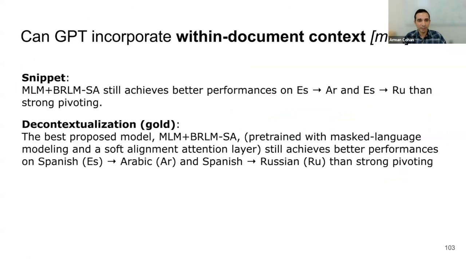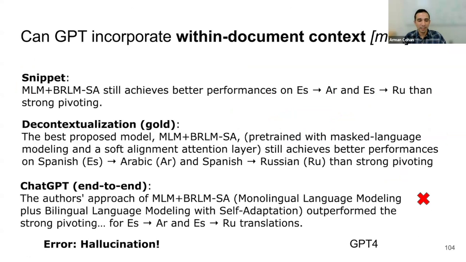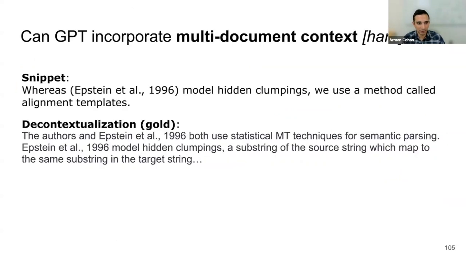However, we found that for within document context, they might even hallucinate. They're not as good. For example, for some cases, they have a wrong mention of an entity or not a completely accurate description of some method. So this was a problem for LLMs.